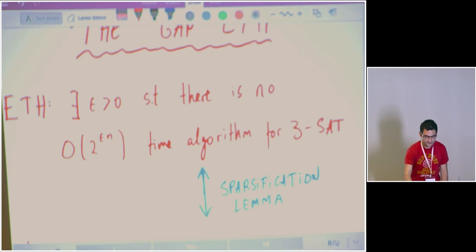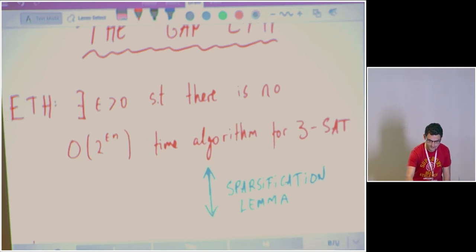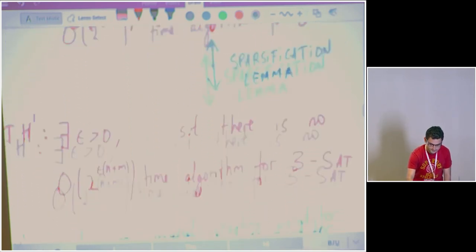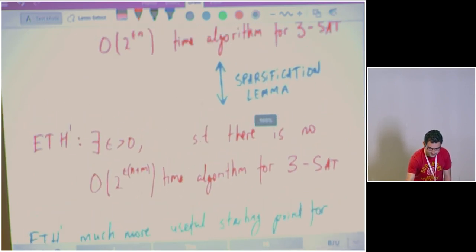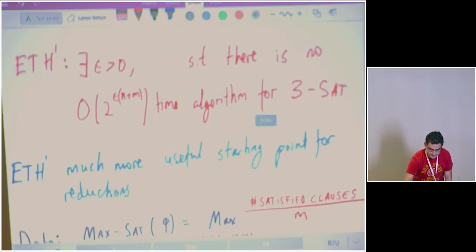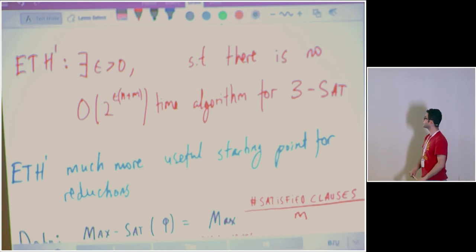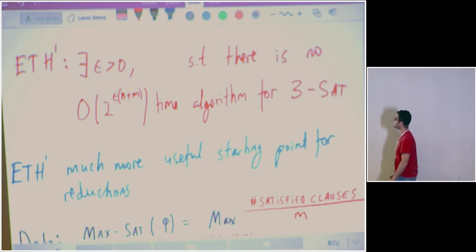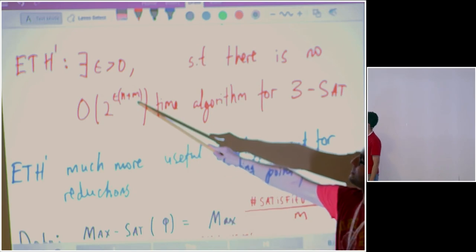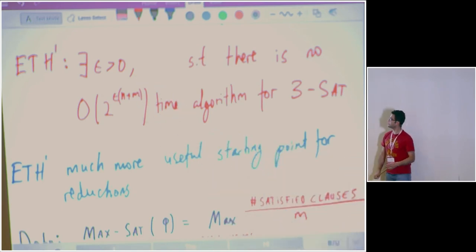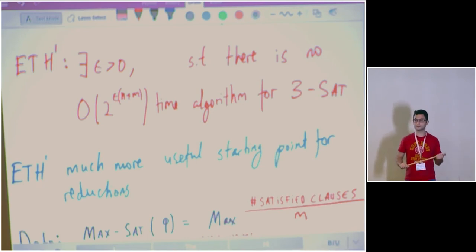And therefore, this fantastic tool called the Sparsification Lemma, which says that ETH is in fact equivalent to ETH prime, which is that for every epsilon greater than 0, there is no 2 to the epsilon (n plus m) algorithm for 3-SAT. So now even the clauses can be in the exponent. So when you're reducing from this, it is much more useful. Okay.